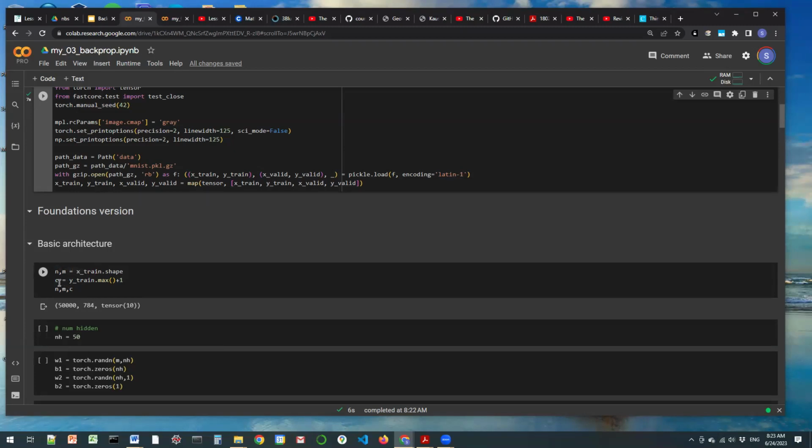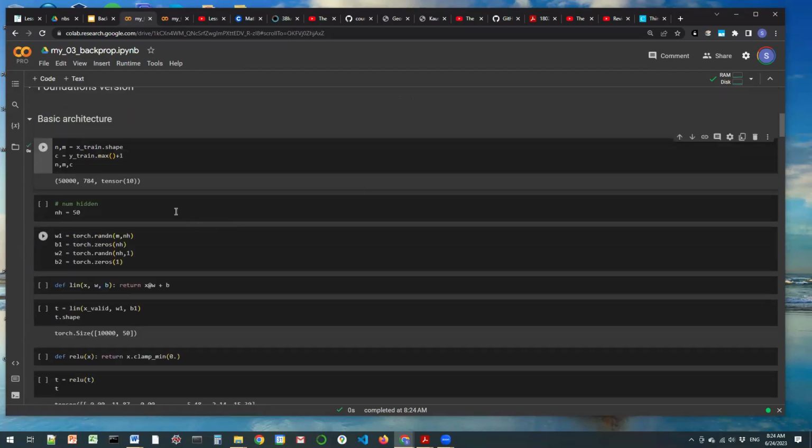And then C, which is the number of classes that you are trying to predict using the neural network, is basically the count of the number of digits. As I mentioned, it's between 0 and 9. So you say Y-train max, which is 9, and you add 1 to it, giving 10. So there are 10 classes that you're trying to predict. So 50,000 values of 784 pixel values, and the prediction classes that you have are 10. That's what you determine by this cell.